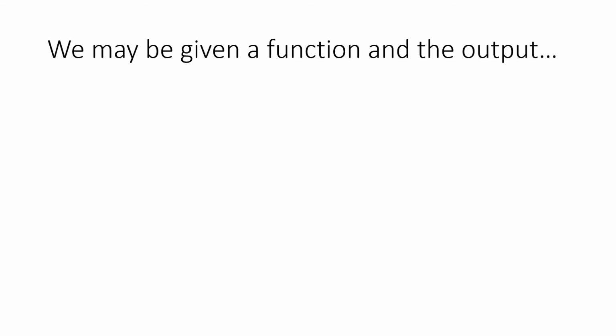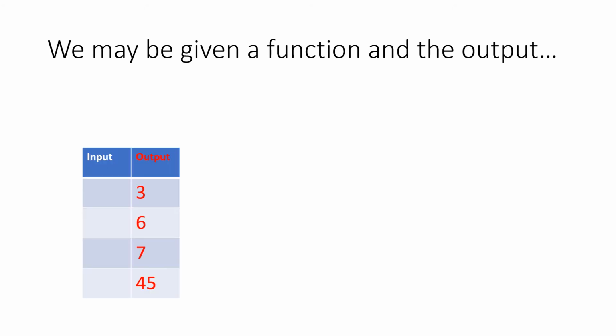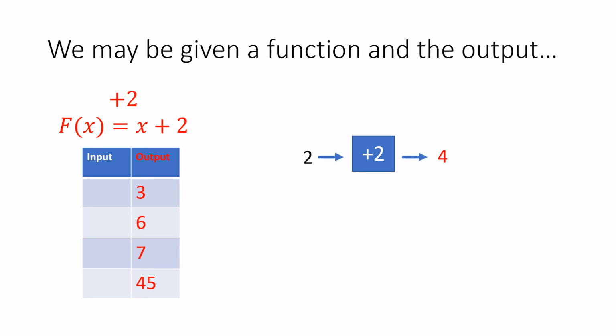So we can also be given the function and the output. Now this is where it's a bit more interesting. So here's a table with an output, and here is our function. Now before we have our function of plus 2, and if we had our input, we could work out the output by adding on that 2 to the input.